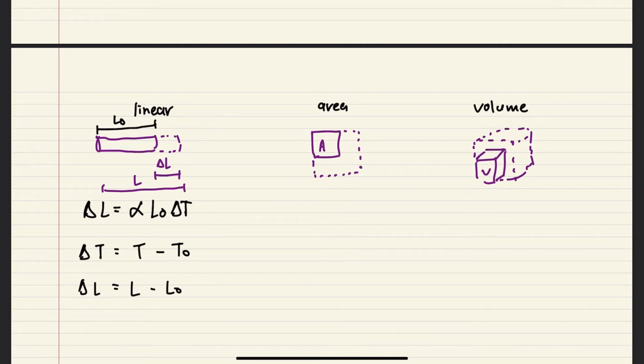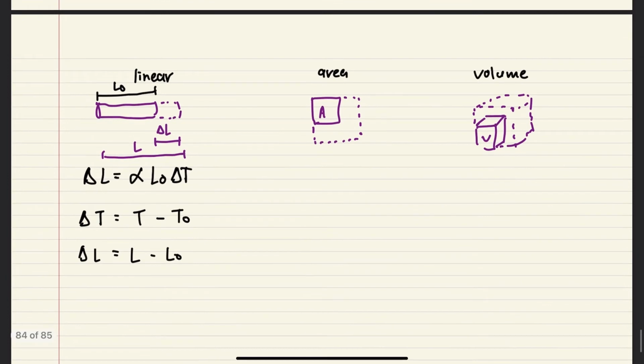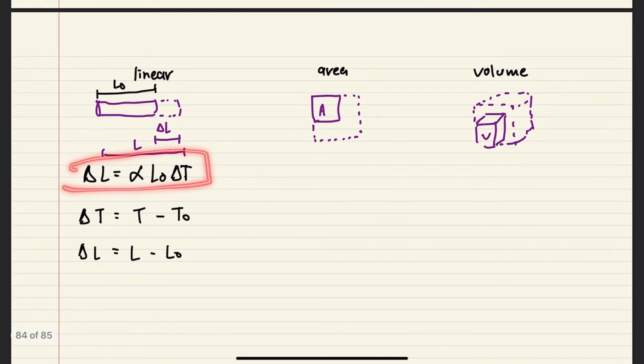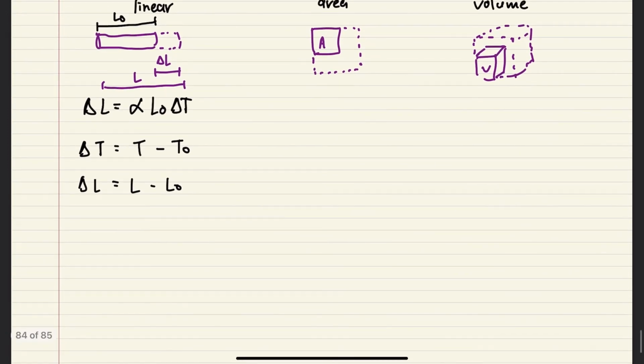Before you go to area, this formula you can expand more. You know that delta L is basically L minus L0, right? So I can write it in terms of final length, which is L equals L0 plus this thing.